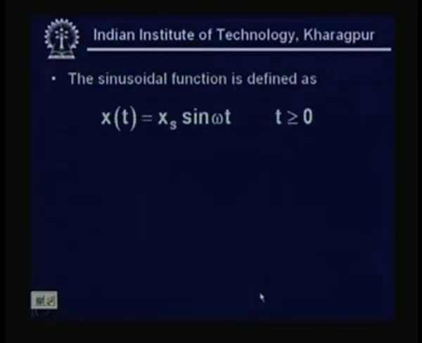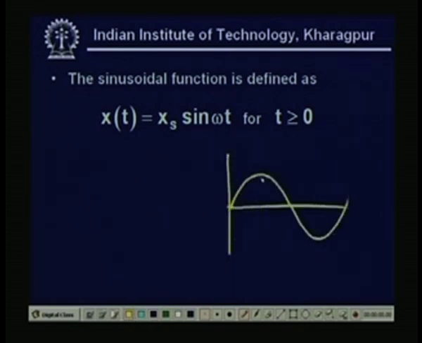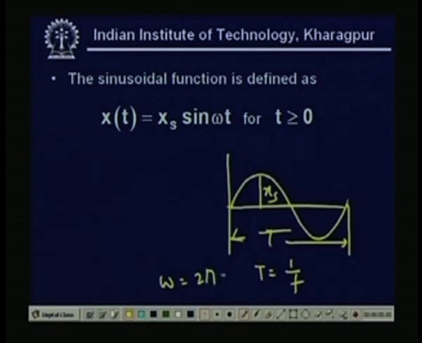The sinusoidal function can be written as x equal to x s sin omega t. Very simple, we all know. If I have a sinusoidal function, this is my x s, and this is the total time period T, where T equal to 1 by f and omega equal to 2 pi f, the circular frequency, f is the frequency, and T is the total time period, the inverse of frequency.